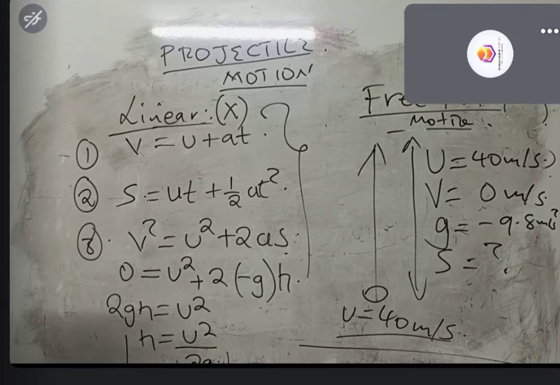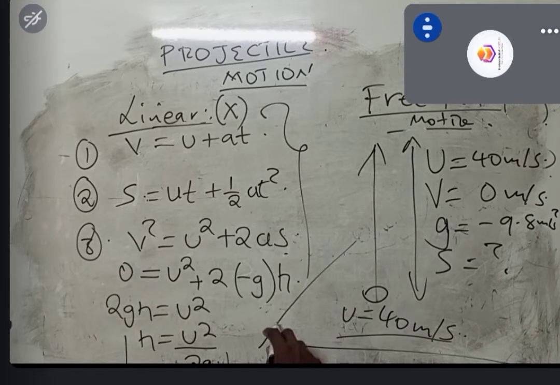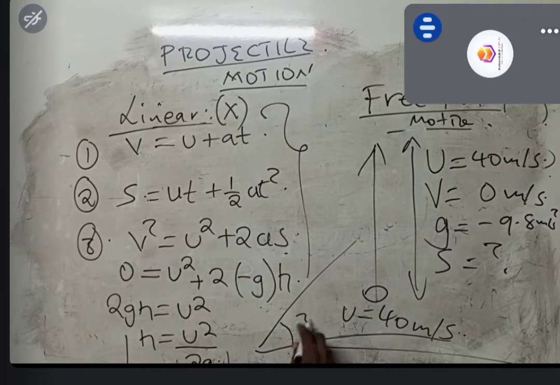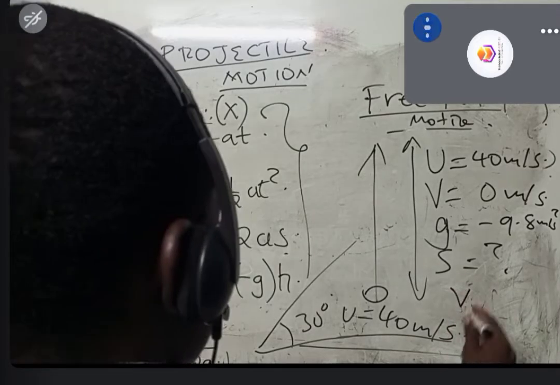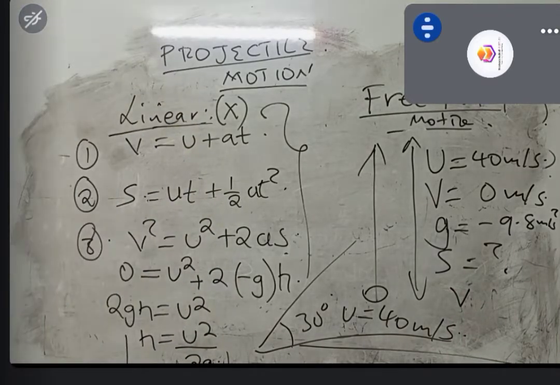Okay? But then, when you go back to projectile motion, you're going to see that when something is thrown up at a certain angle, maybe 30, you need to understand that that velocity has got the x and the y component, right? So, in such a case, the y component is given by what? The velocity multiplied by what? Is it sine or cosine of the angle in the y direction?